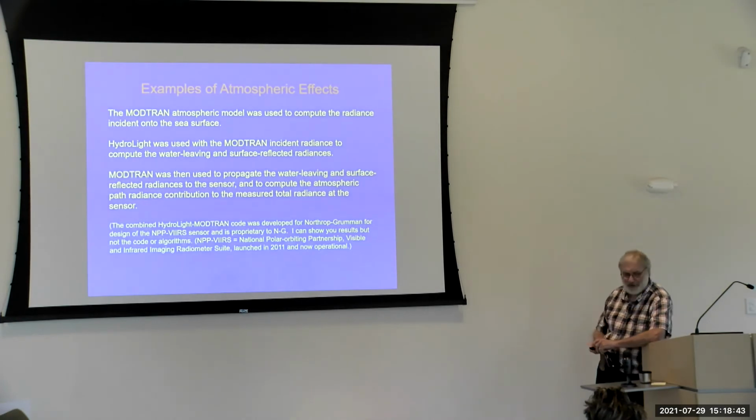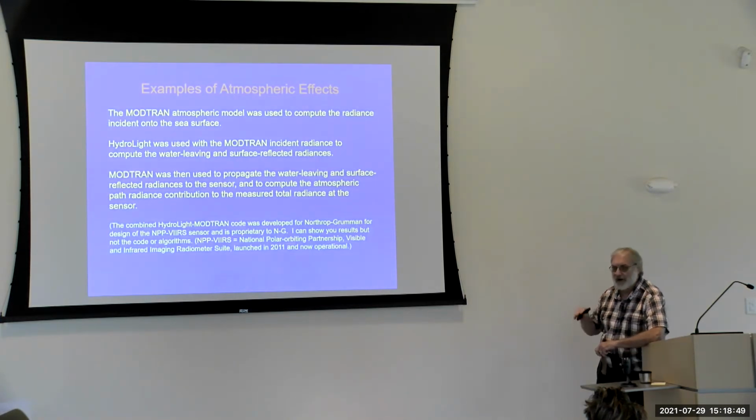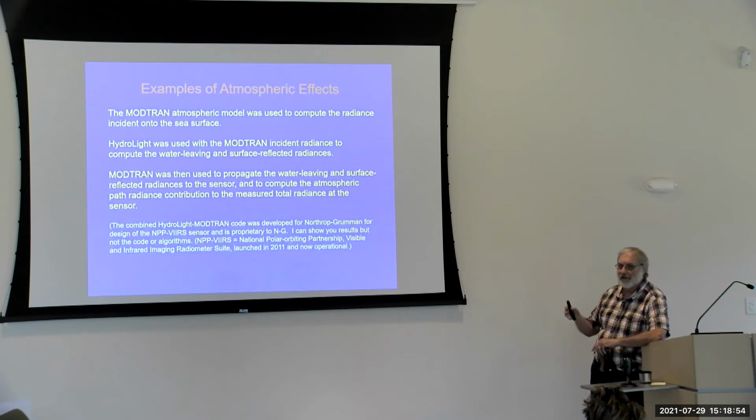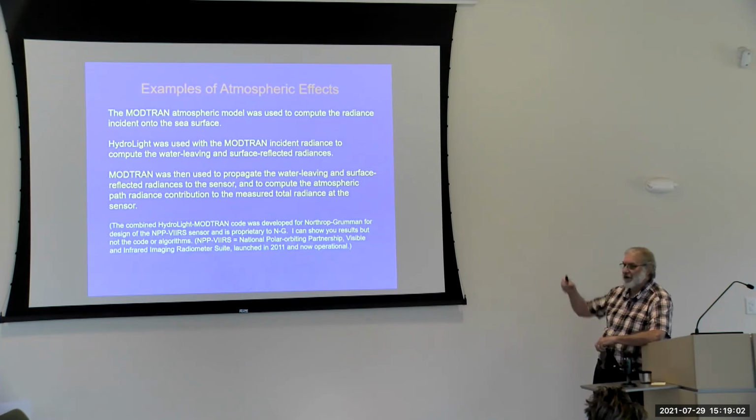Okay, so I'll show you some example calculations here that are generated by a coupled version of MODTRAN and HydroLight. MODTRAN is an atmospheric model that basically does for the atmosphere what HydroLight does underwater. And so what I did was I ran MODTRAN for particular atmospheric conditions, sun angle, and so on.